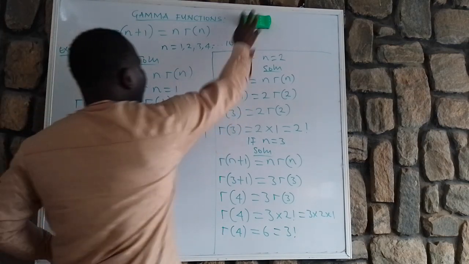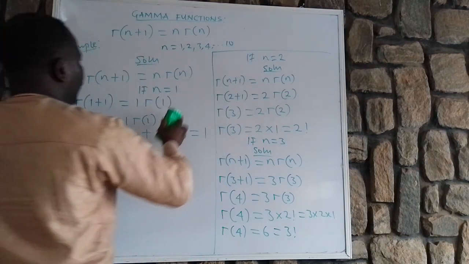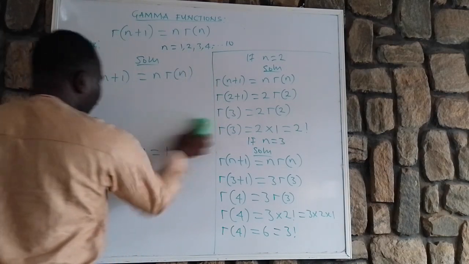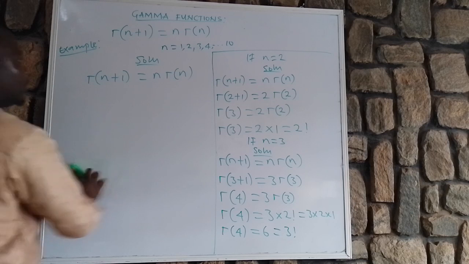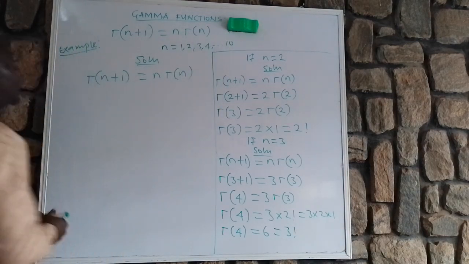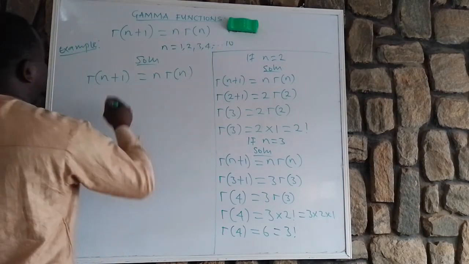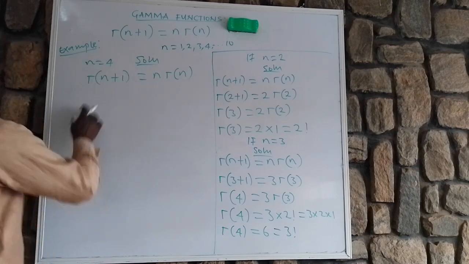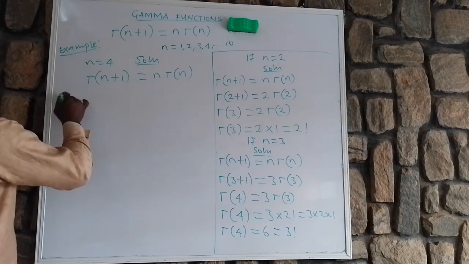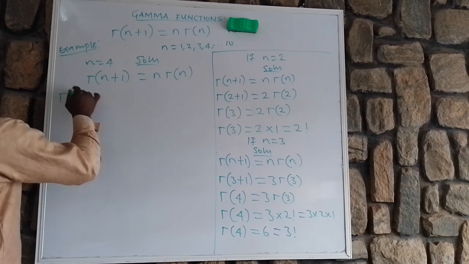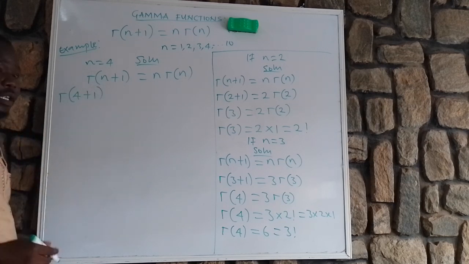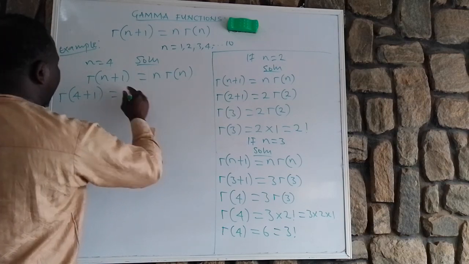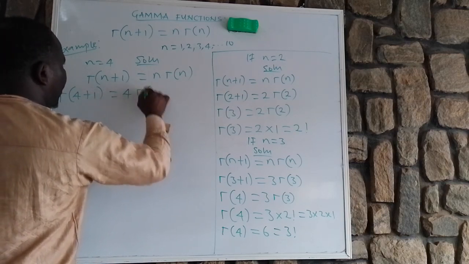Okay, let's try increasing n to 4. If n is equal to 4, it implies that our gamma of 4 plus 1, the left hand side, is equal to the right hand side, 4 gamma of 4.